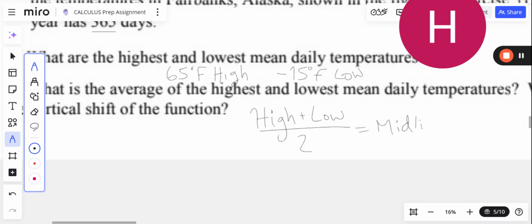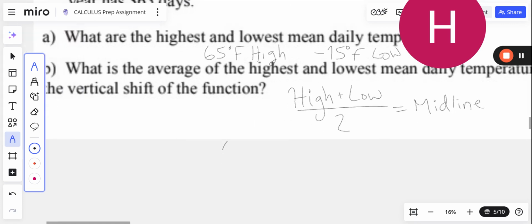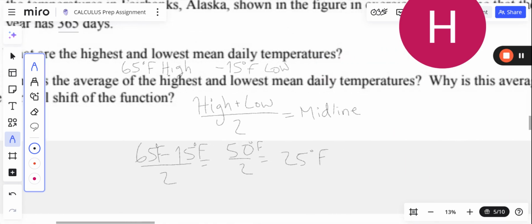So this is going to be 65 minus the 15, because we're adding a negative 15, and then we're going to divide by 2, which is going to give us 50 divided by 2 for a total of 25 degrees Fahrenheit. And it makes sense that this is the midline, that by averaging them, you're finding the middle of those two values, and so that finds you the midline.